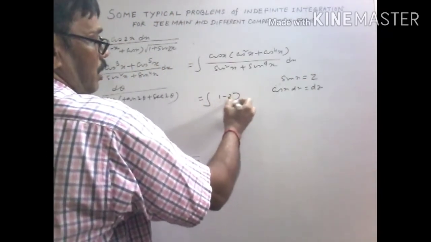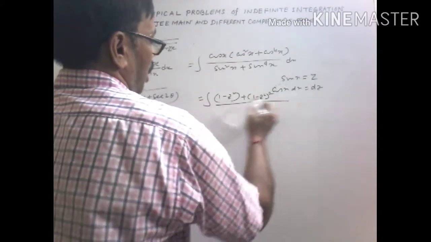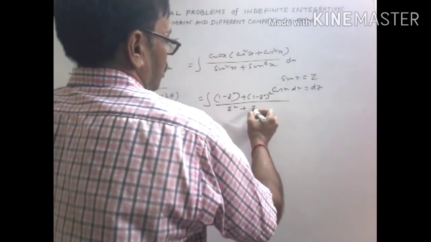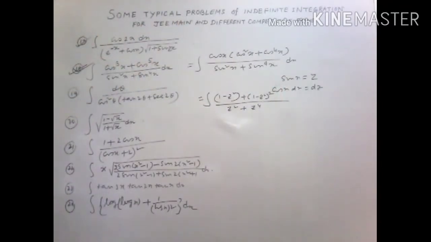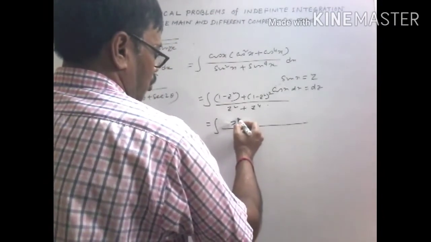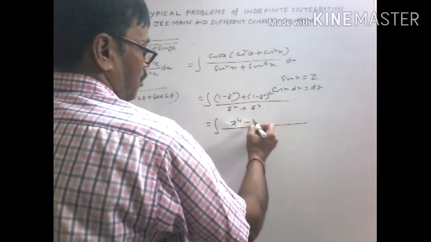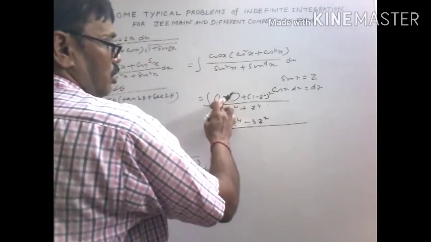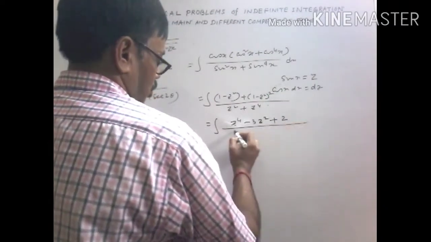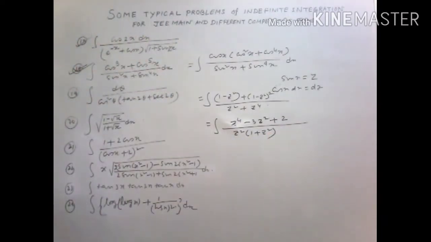So the integral reduces to, look, 1 minus z square, whole square, by z square plus z to the power 4. Now if we simplify it, we get z to the power 4 minus 2z square minus z square minus 3z square... so z square common, 1 plus z square.